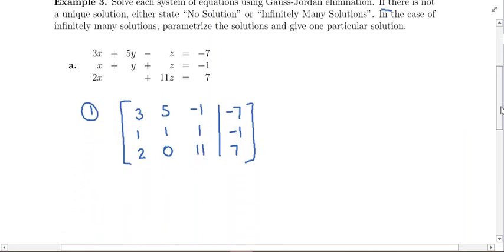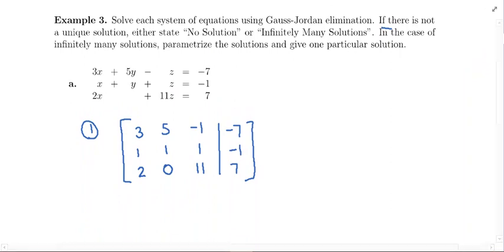We are going to start, remember, systematically, column by column. We are going to start in the first column, and we want to secure a 1 on the main diagonal. So remember, these are the main diagonal elements. So in the first column, here's your principal diagonal element. You want to change that 3 to a 1.